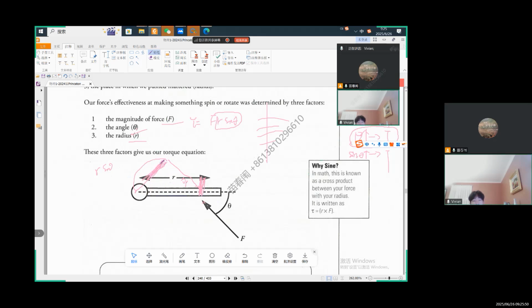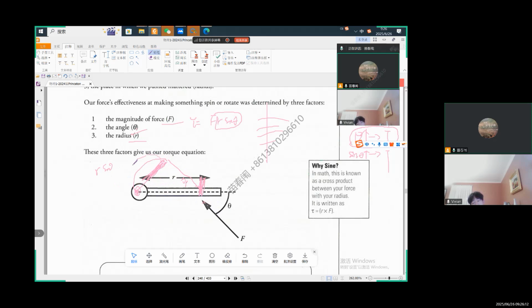Eventually, it's not how far, it's basically the perpendicular distance from the pivot to the action line of the force.